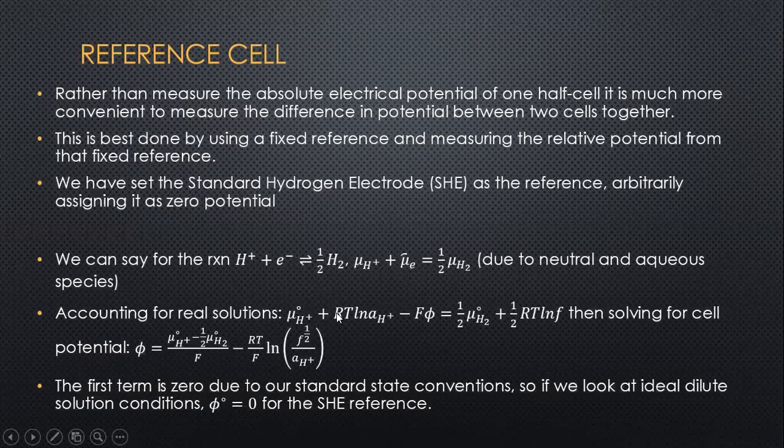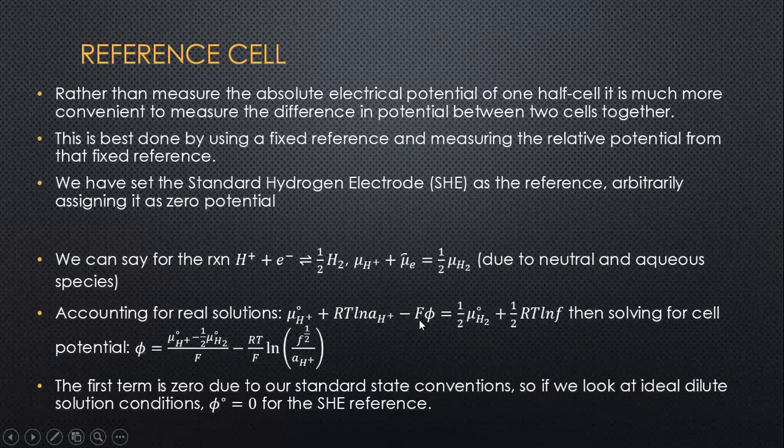Now, if we try to account for a real solution, the hydrogen part goes to mu naught H plus, plus RT ln activity of hydrogen, minus Faraday phi. We can cut out the Z because it's 1 electron, equals 1/2 mu naught H2 plus 1/2 RT ln fugacity.